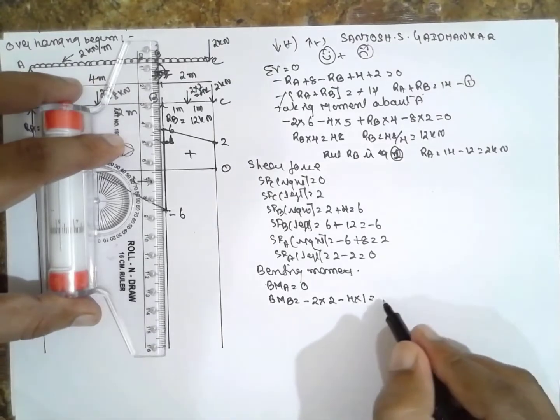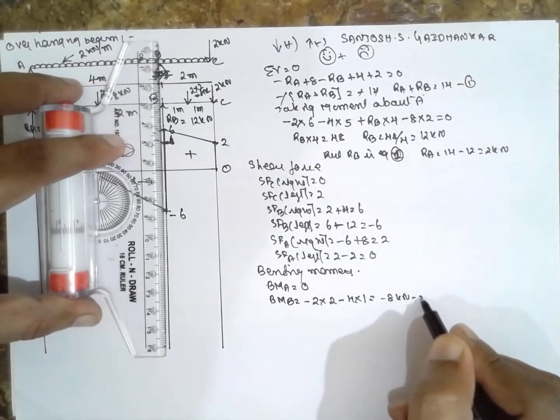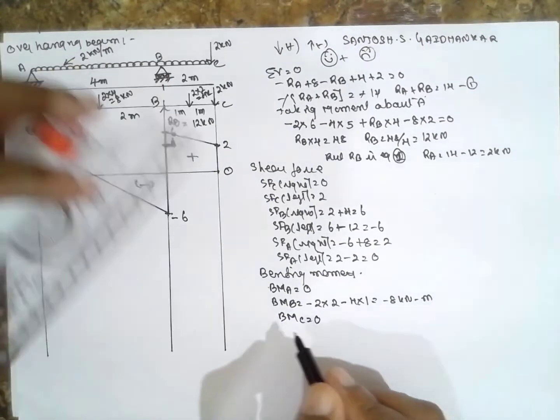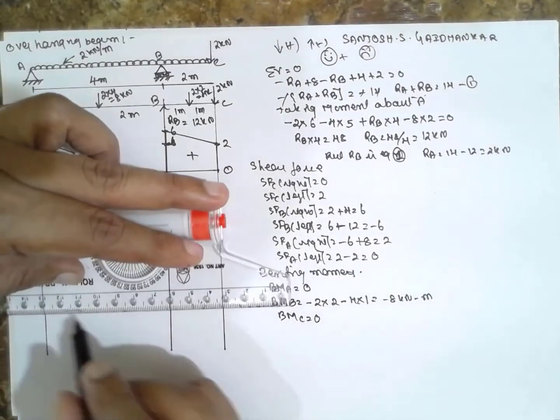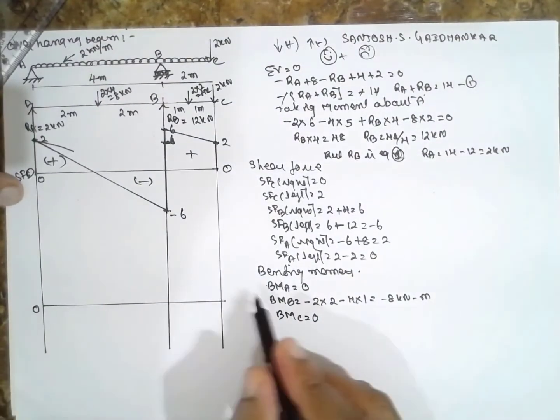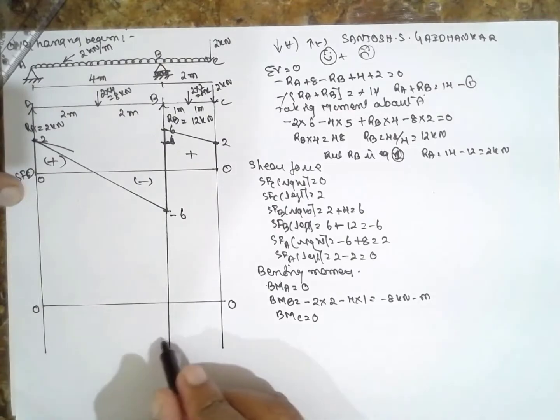Answer is minus 8 kilonewton meter. Bending moment at C will be 0. Draw the diagram. A is 0, C is 0, B is minus 8.